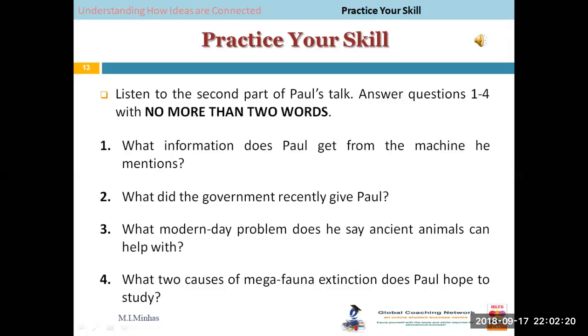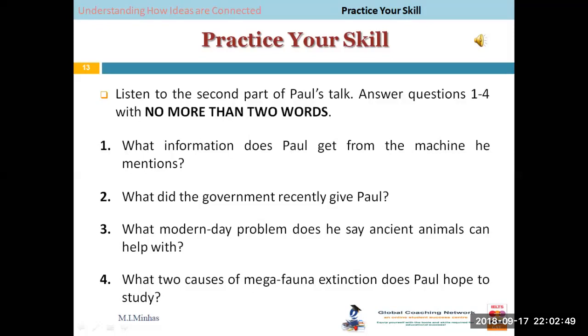Then he says he's also going to study all the fossil records available in different museums in Australia, so that he can understand when the megafauna, the big lizards, mammals and some other animals, became extinct, that means disappeared from the earth.